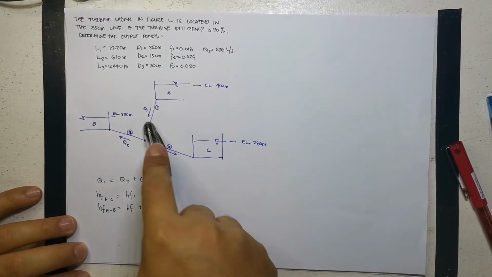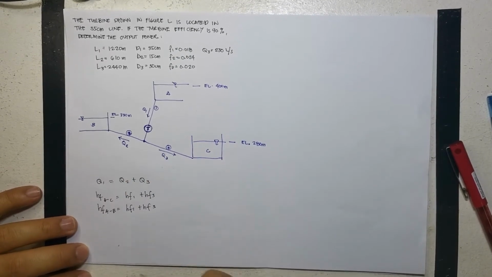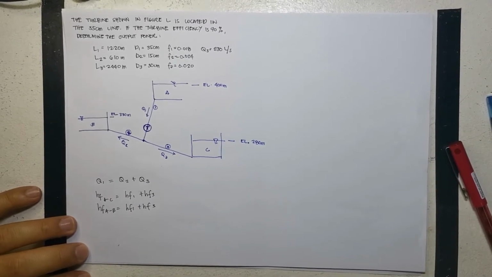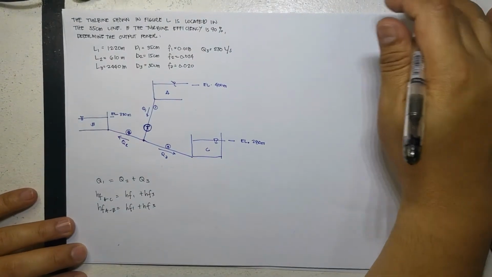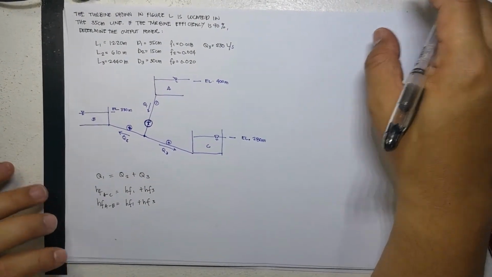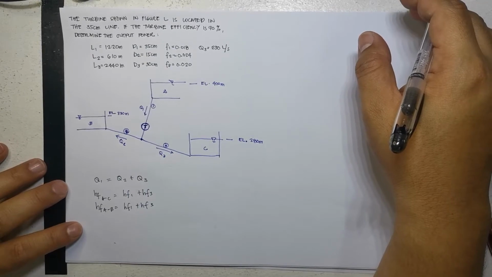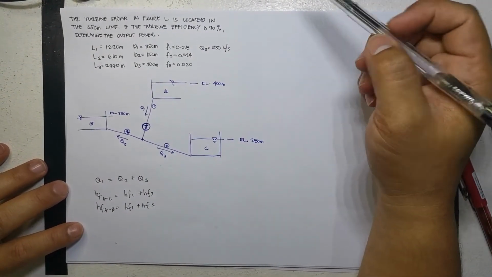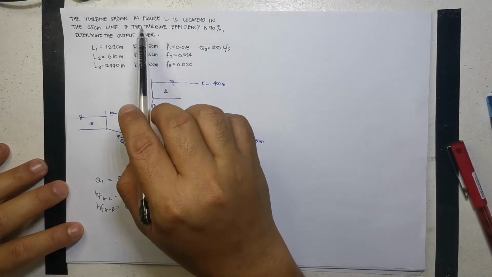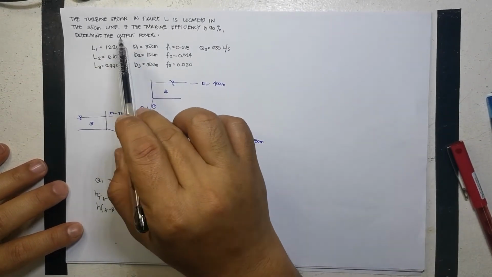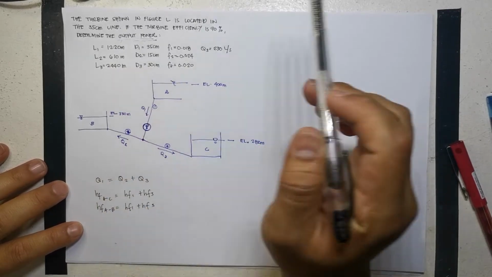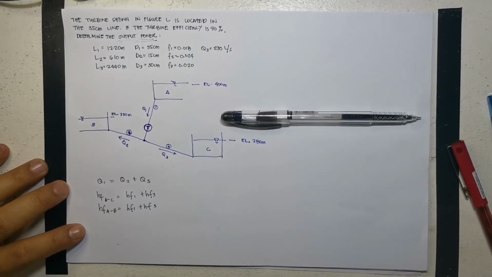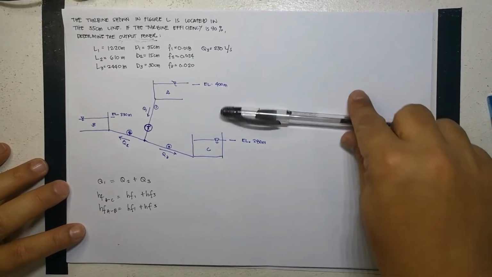So basta alam natin din na meron tayong turbine along pipe 1. Okay? So yung ganitong problem, applicable pa rin sa Bernoulli energy equation. So depende na lang sa'yo kung paano mo gagawin. So ang hinahanap nga pala sa atin is output power. Mamaya explain natin kung ano ibig sabihin ng output power. Okay.